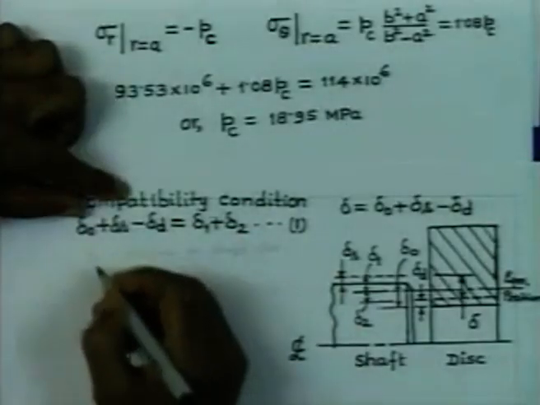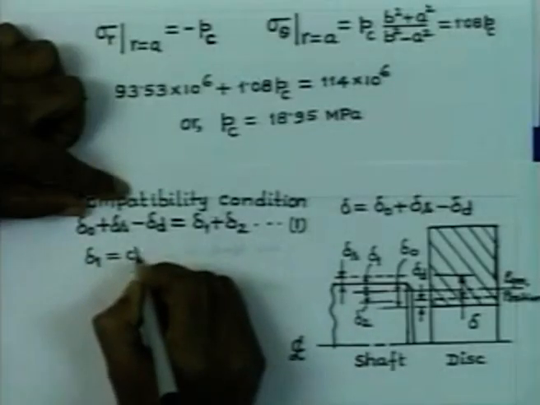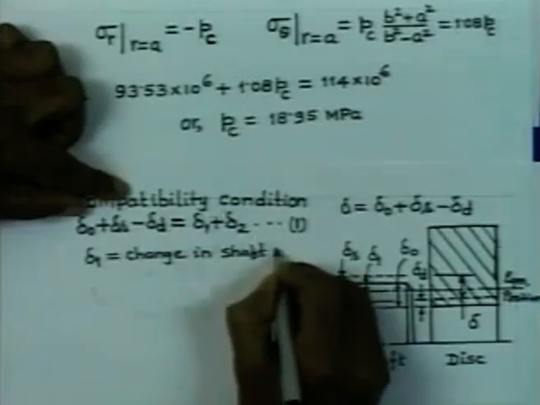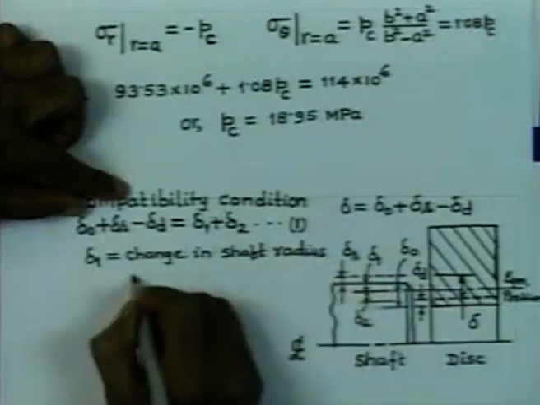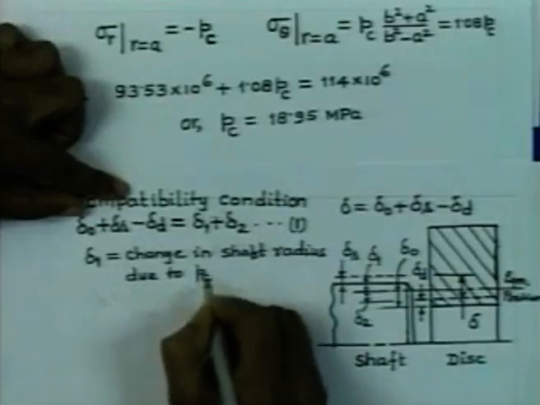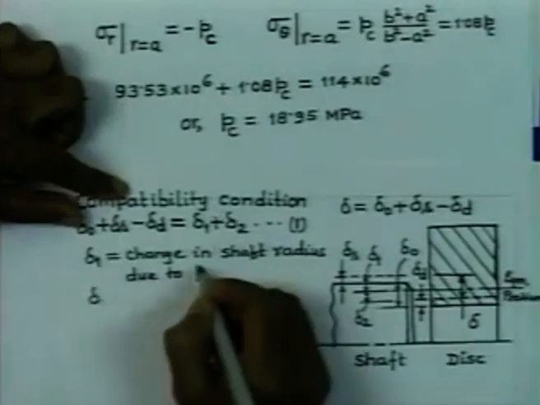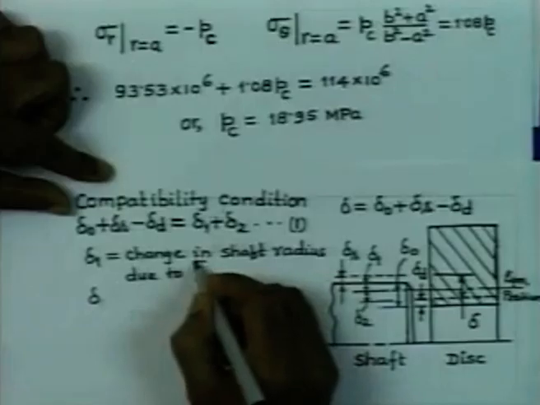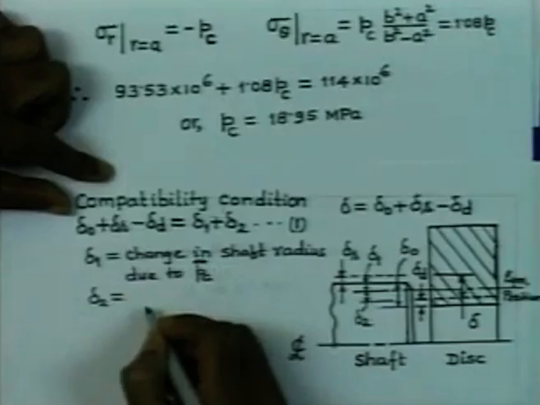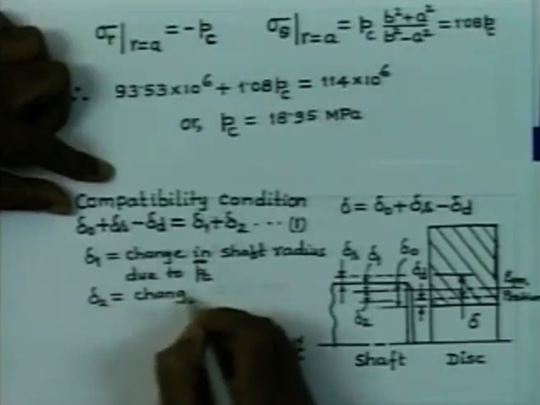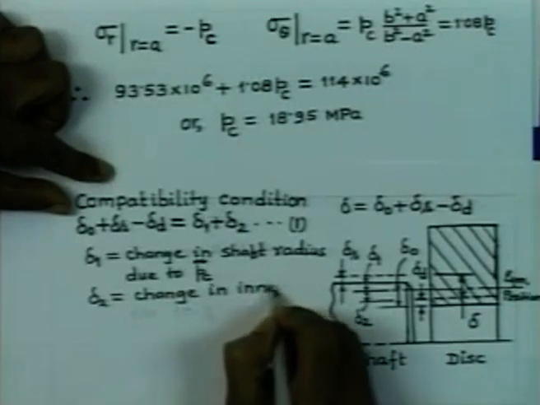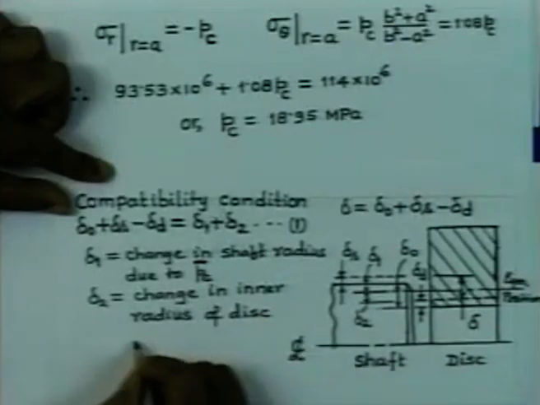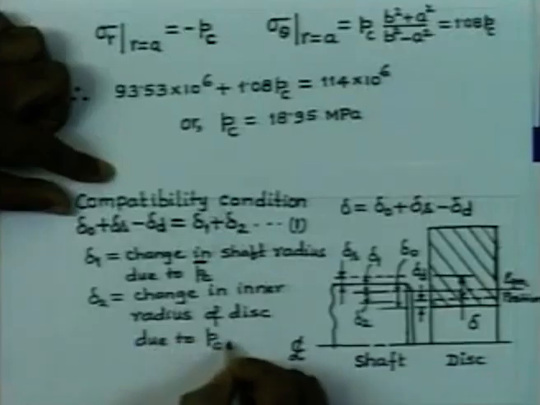So, therefore, this delta 1 is really the change in shaft radius due to PC, and delta 2 is equal to the change in inner radius of disc due to PC.